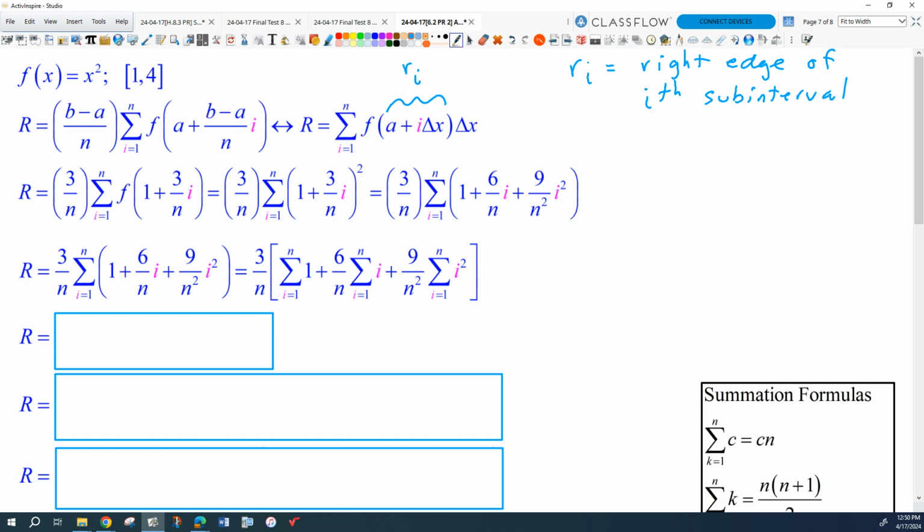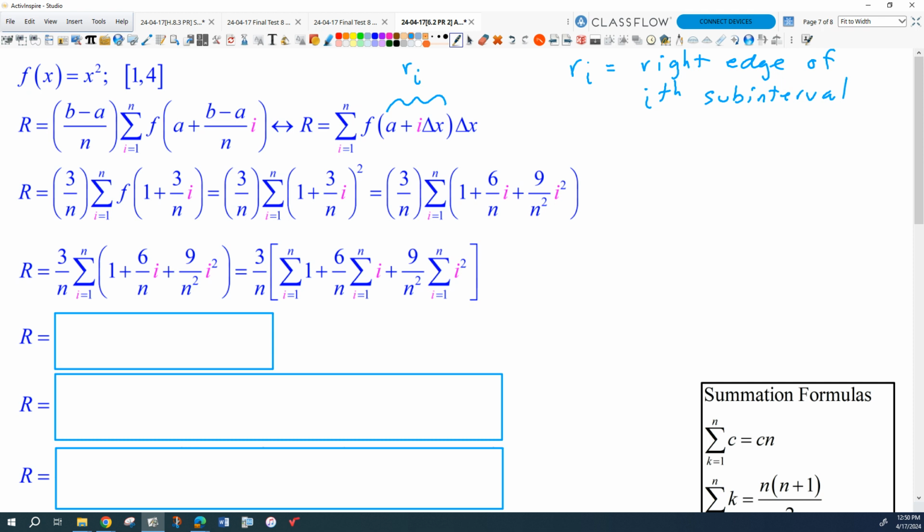What do we mean by subinterval? The total interval is just the total area from 1 to 4, right? Each subinterval is that little piece of the total interval that constitutes one rectangle. So the right edge of the ith subinterval is just a plus i delta x, like we just said. We start at a, and we walk to the right by i steps of width delta x.